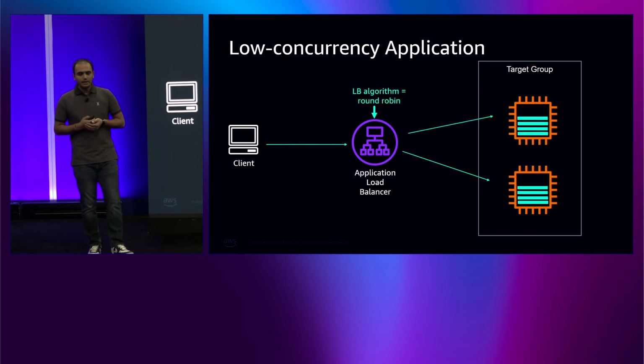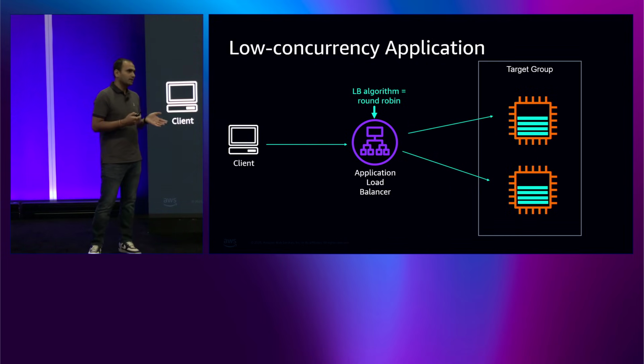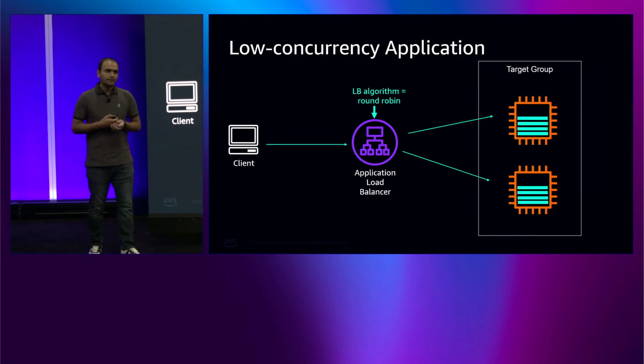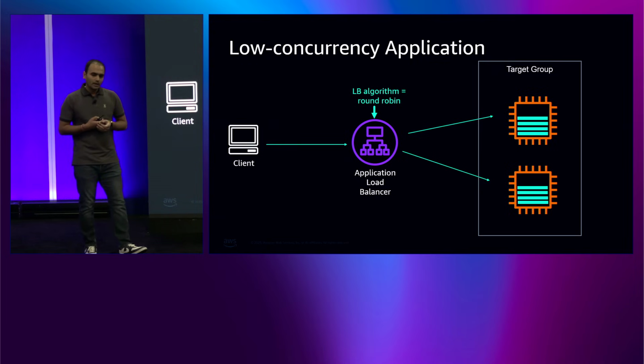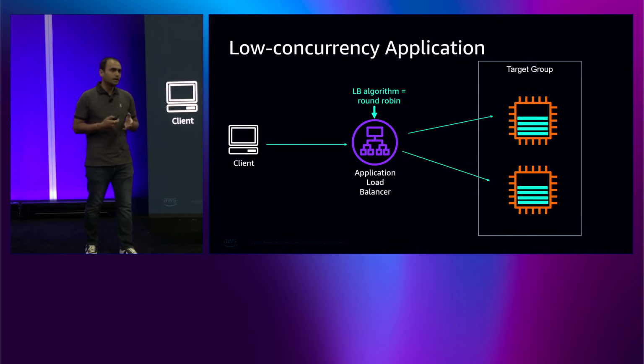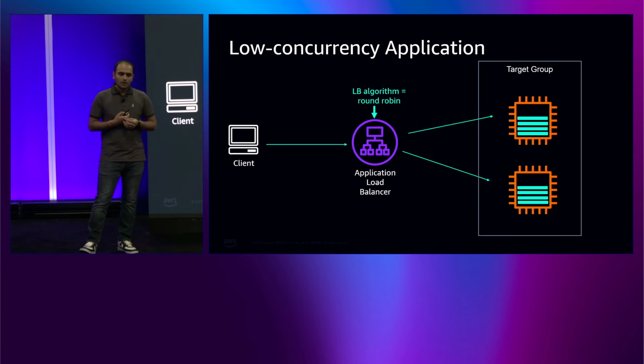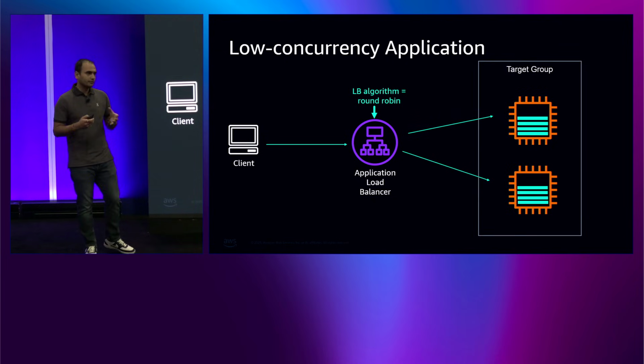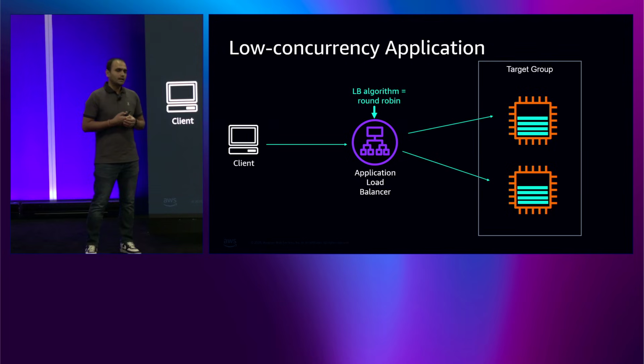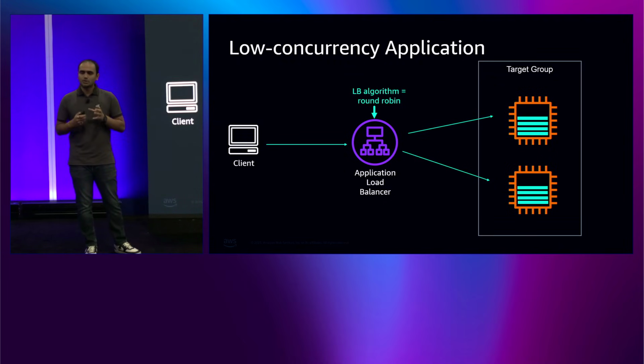Now, if we turn our attention towards a specialized class of applications, which here I have called low concurrency applications, then the picture begins to change quite a bit. When I say low concurrency applications, I mean applications that are compute intensive. Think of a large language model where every request requires a whole bunch of compute resources to be fulfilled. As a result, each deployed instance of the application or the model can only process a small number of requests at a time.